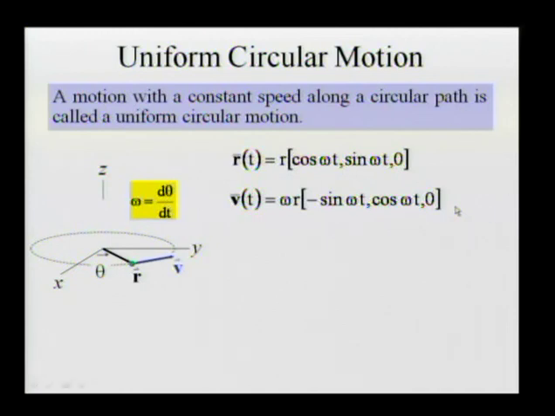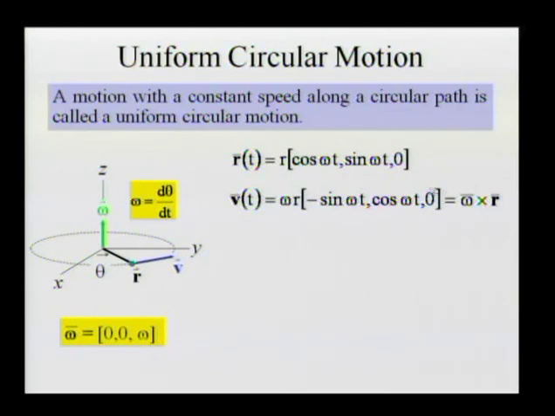So I got an expression for this derivative. Now, you can recognize that if I make up a vector whose scalar components are 0, 0, omega, the velocity vector results from multiplying this vector by the position vector.